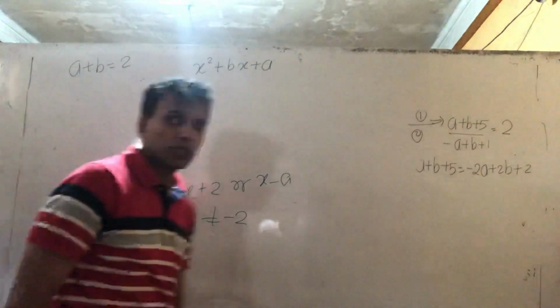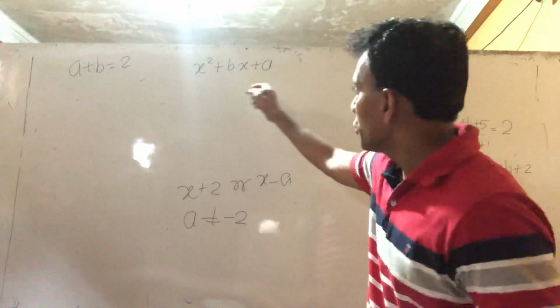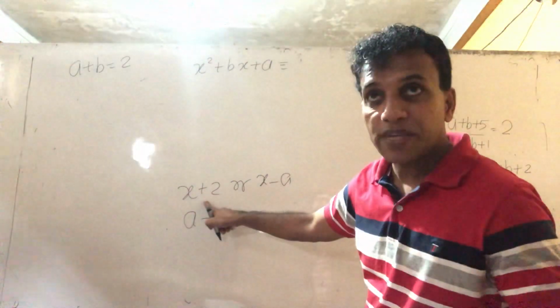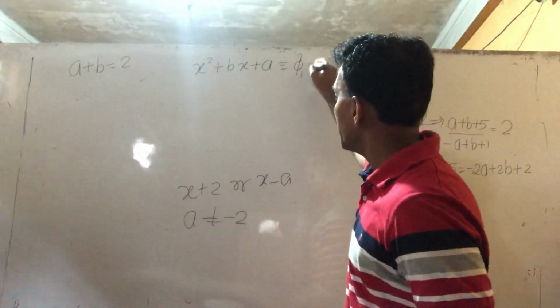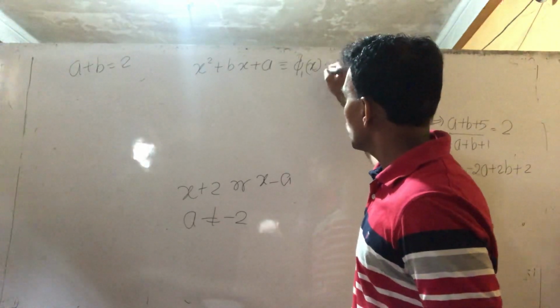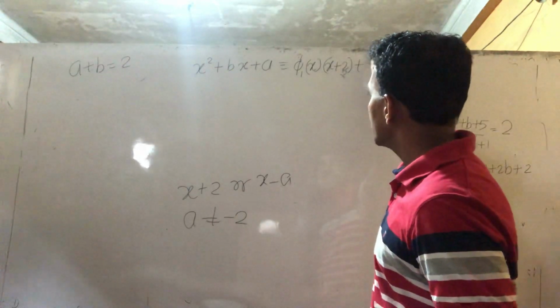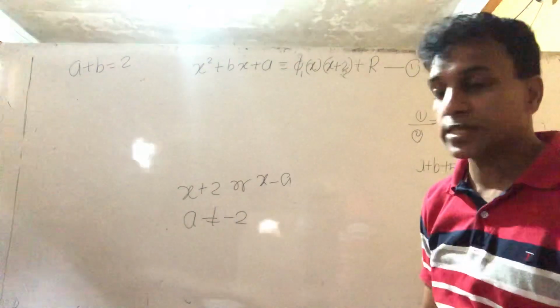Show this answer. So follow the same idea as the previous problems I showed. So this polynomial equals quotient φ1(x) into divisor plus the remainder, I say r. The divisor, we take x plus 2 first. First equation, right?